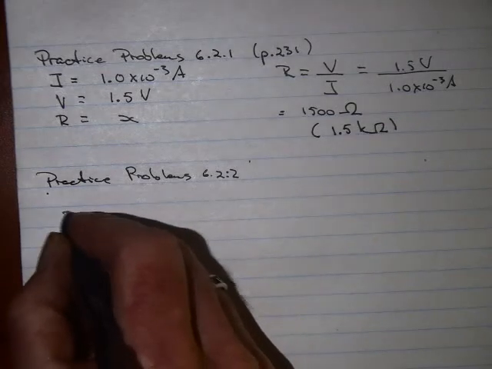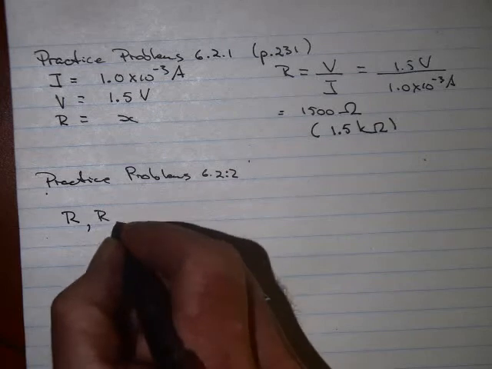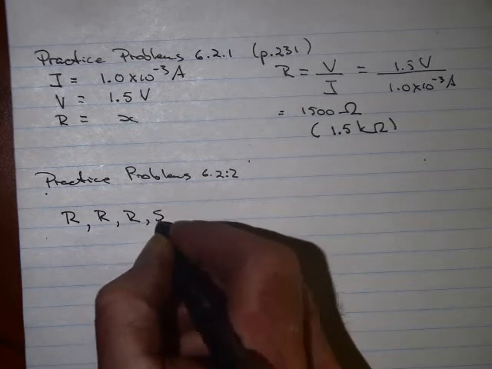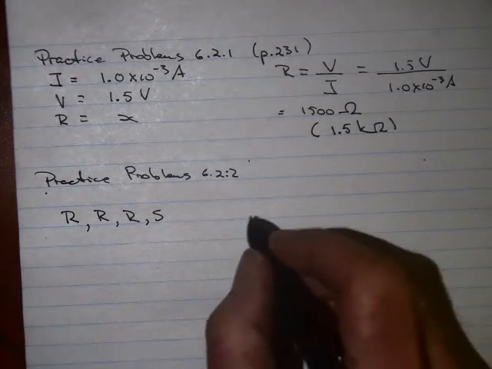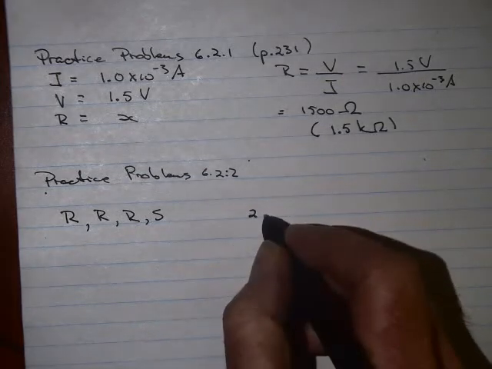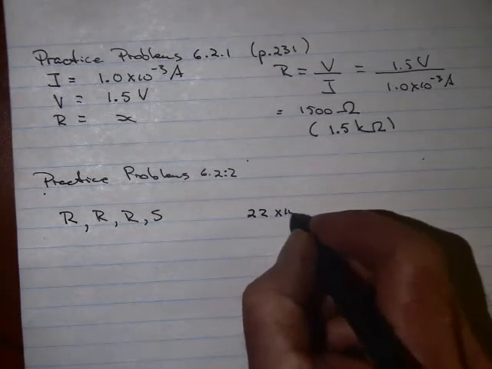So one has a series of 3 red and a silver. Red and silver bands. So the first digit is 2. Second digit is 2. Third digit is 10 to the 2. So times 10 to the 2.